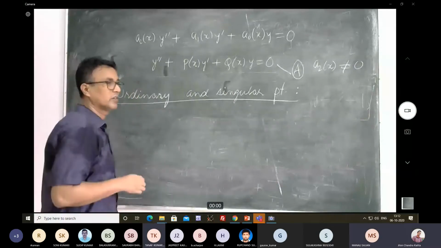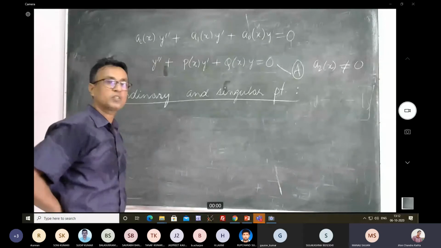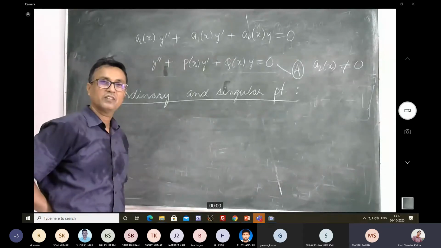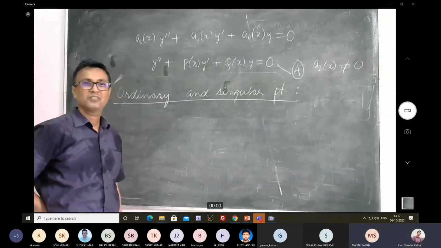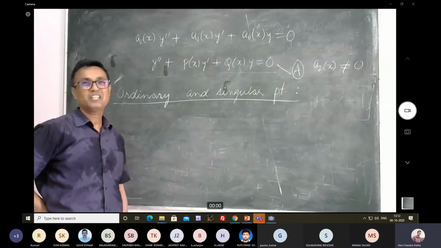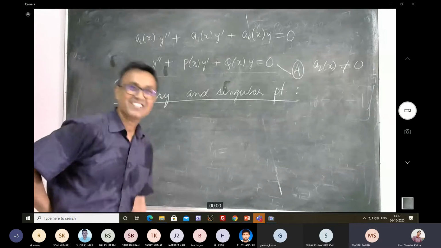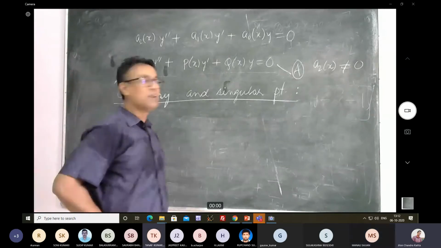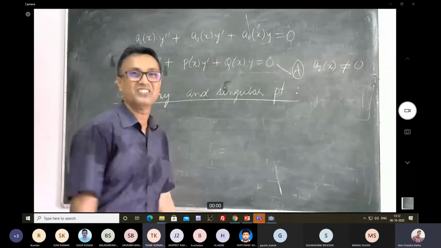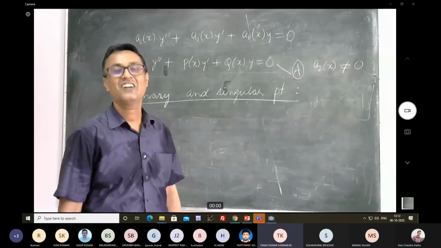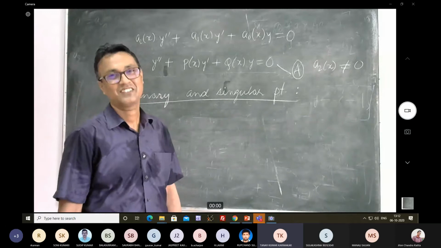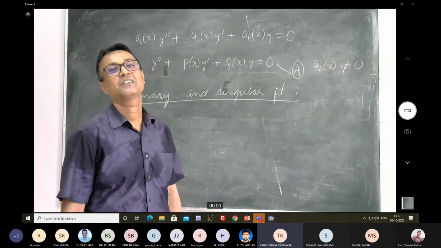Please proceed. A point is said to be a singular point for a function if there doesn't exist any power series expansion around that point. Okay. Why start with something negative? Let us start, sir, with something positive. At those points where the P(x), Q(x) functions are analytic, those points are called ordinary points, and where those are not analytic, those points are called singular points.